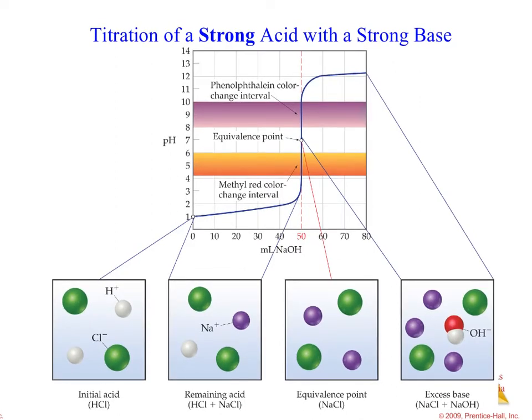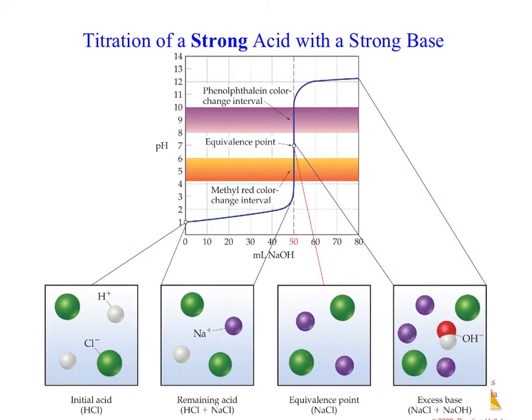Now we're looking at a titration of a strong acid with a strong base, and we're looking at the graph. A couple things to think about. When you look at a graph, the first thing I want you to look at is, number one, the title, so we can see titration of a strong acid with a strong base. Number two, your X and Y axes labels.